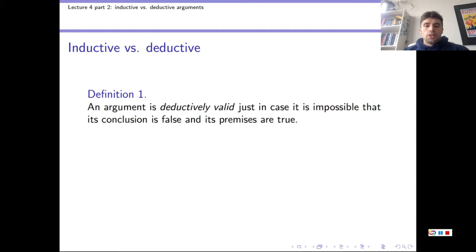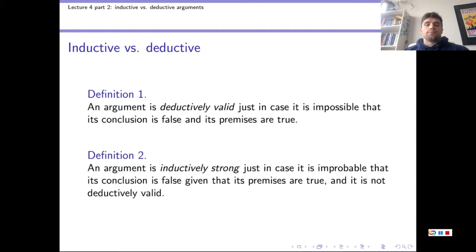So what do we make of arguments that aren't deductively valid? Now, we say that an argument is inductively strong just in case it is improbable that its conclusion is false, given that its premises are true, and that it's not deductively valid. We say further that the degree of inductive strength of the argument depends on how improbable it is that the conclusion is false, given that the premises are true.